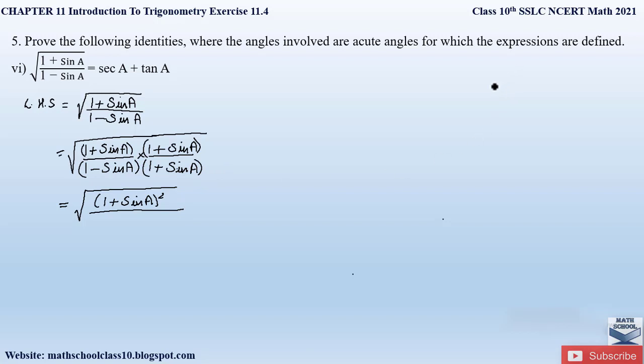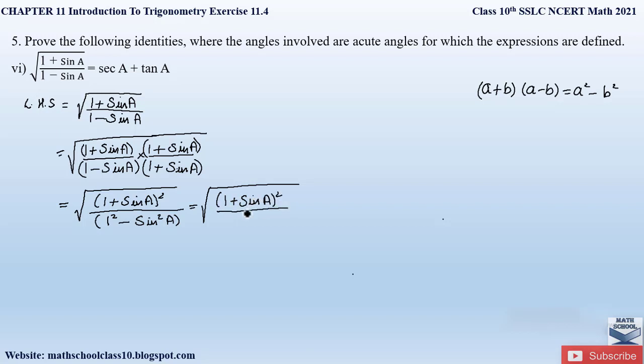We very well know the identity that for a plus b and a minus b, the formula is a square minus b square. So here our a value is 1 and b is sin a. Applying a square minus b square, it will be 1 square minus sin square a. So this will become 1 plus sin a the whole square divided by 1 minus sin square a.